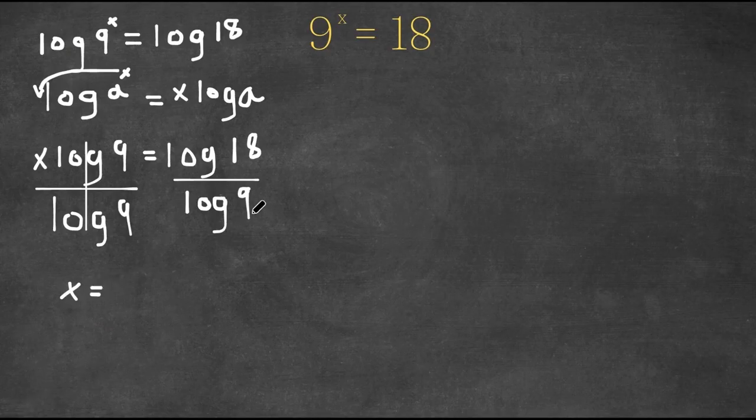log 18 over log 9 is the same thing as log 9 times 2 over log 9.